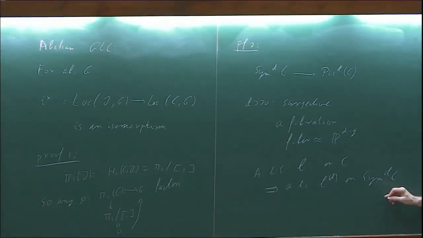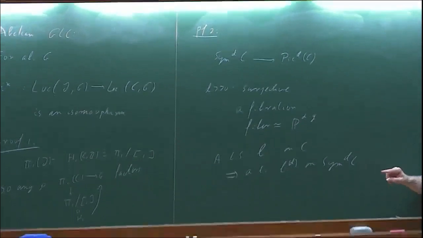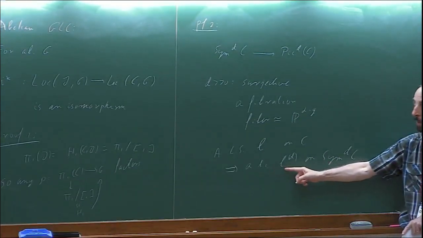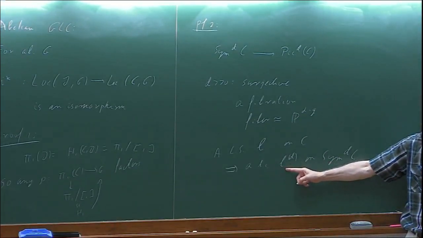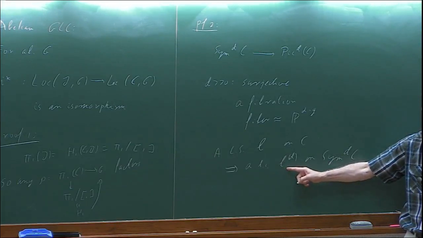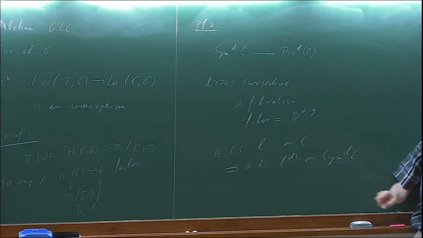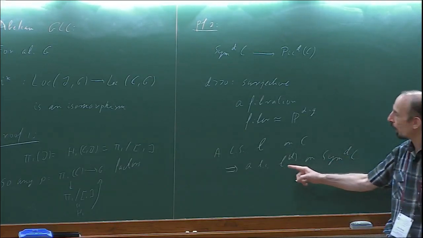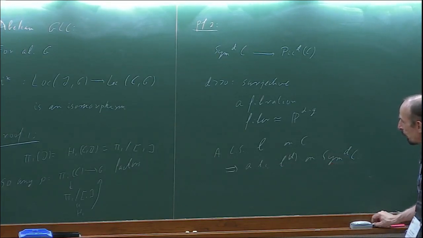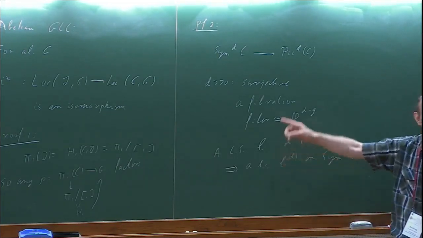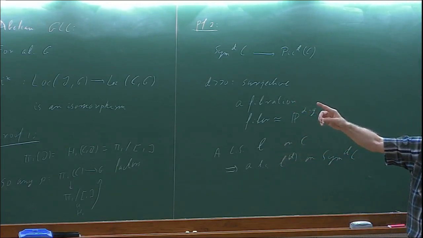A point of the symmetric product is a d-tuple of points. Just take the tensor product of those lines. That gives you a line that you associate to that point, and it moves around. So that gives you a well-defined local system on the symmetric product. For every d, in particular, it works for sufficiently large d.